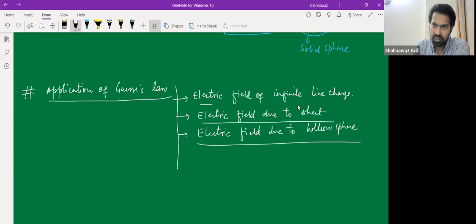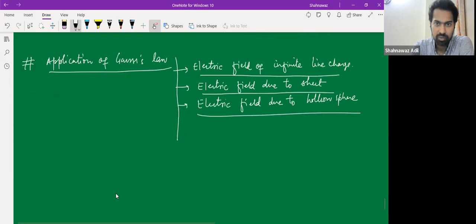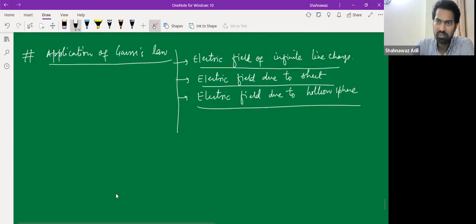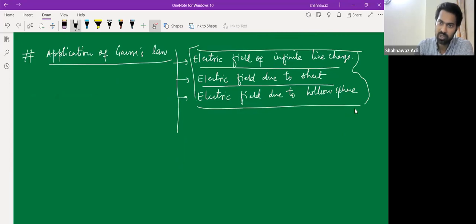So only these three were done in your school, right? Do you guys remember that only these three topics is done in your school? So we'll stick to that. Okay, only these three are in your syllabus.